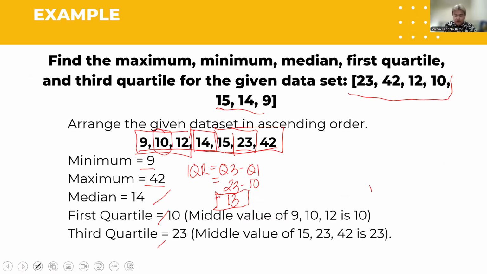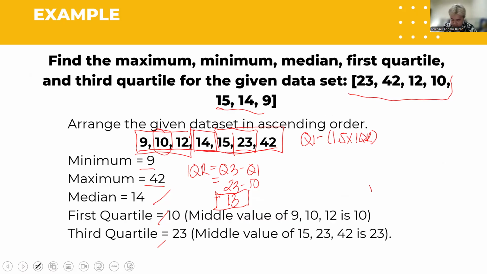For the possible outliers, you have Q1 minus 1.5 times IQR.